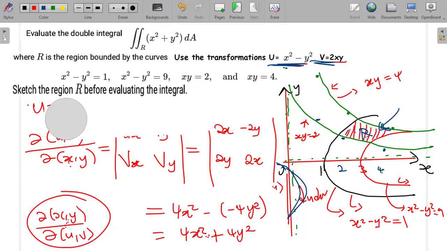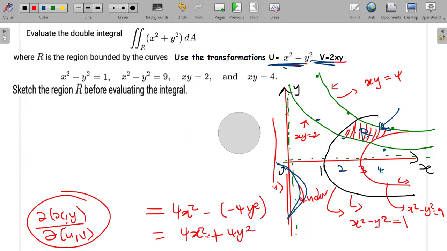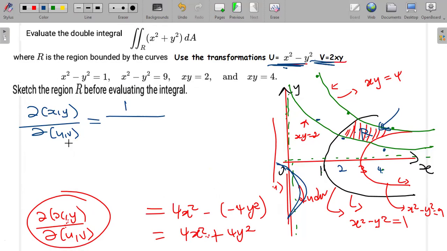So what I'm going to do is this. We're going to say the Jacobian from the xy plane to the uv plane is actually equal to 1 over the Jacobian of the uv plane to the xy plane. So I'm going to put 4x squared plus 4y squared.